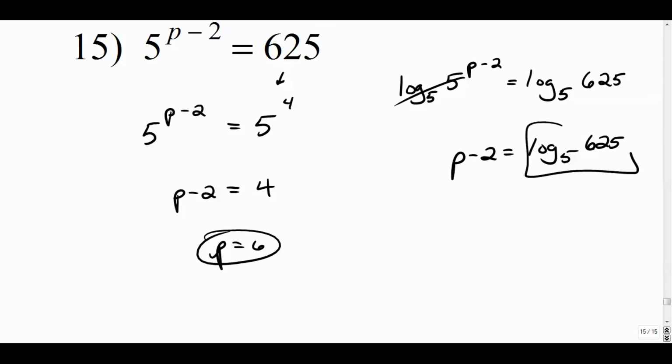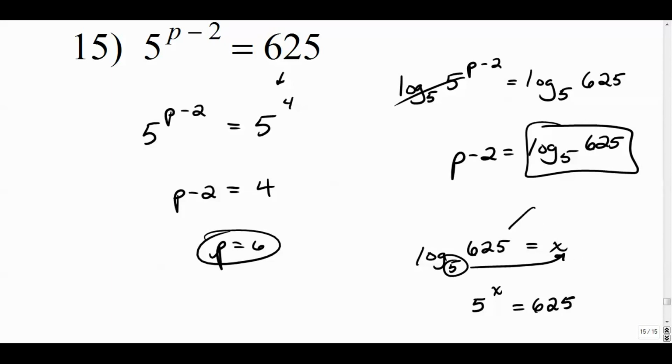And remember this, log base 5 of 625, if I'm looking to actually solve that, you would say, okay, 5 to the what power equals 625, using my log relationship. 5 to the x power equals 625, and that answer, of course, is 4. 5 to the fourth power is 625. So you're doing the same thing. So this would be p minus 2 equals 4, and p is 6.